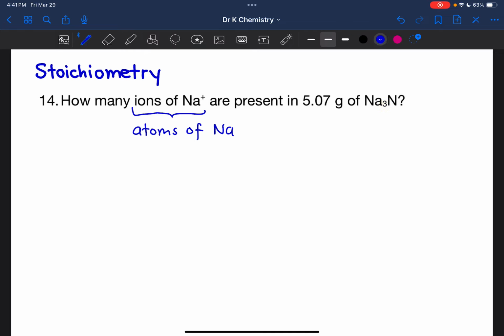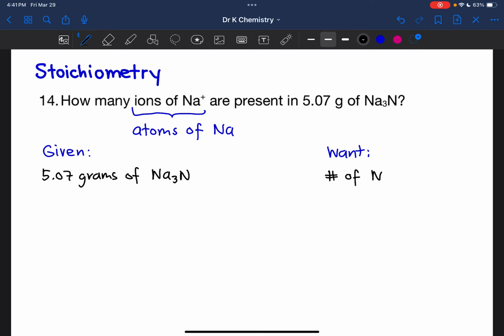Okay, so it is giving us grams of the compound. So here, given is that we have 5.07 grams of sodium nitride as a whole. And what we're being asked to find is the number of sodium atoms specifically.